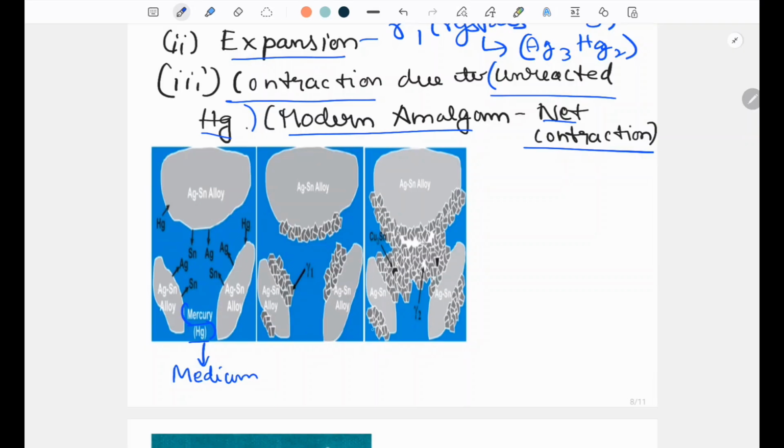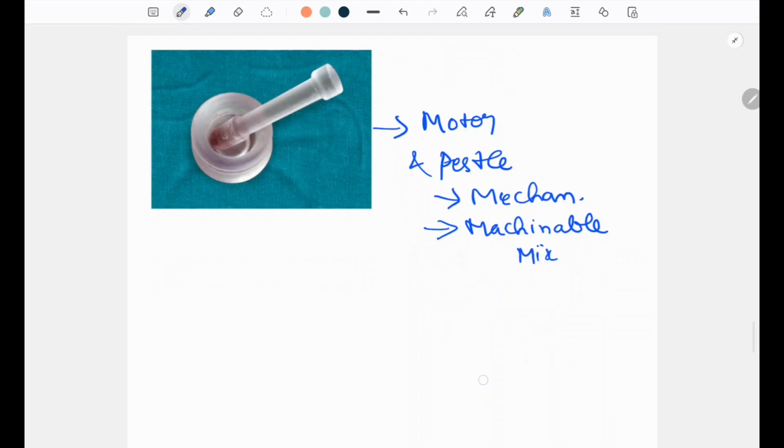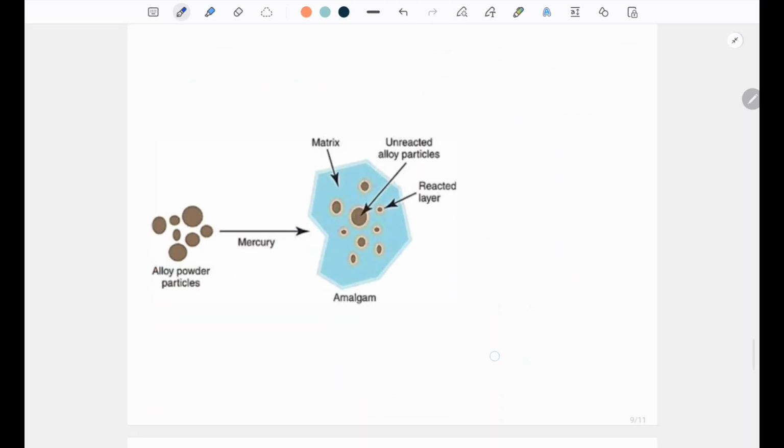Here we can see how the gamma 2 phase and the gamma 1 phase, that is the silver mercury, and then the tin mercury are formed.